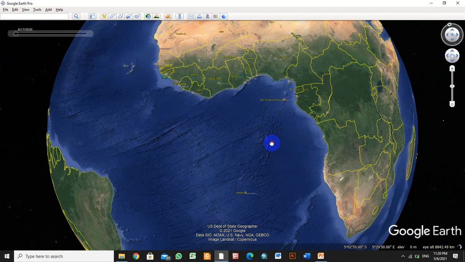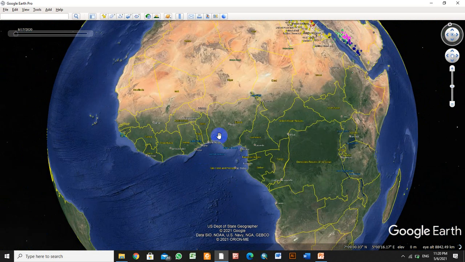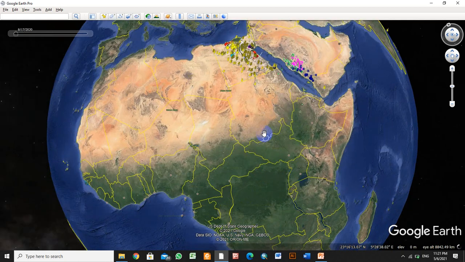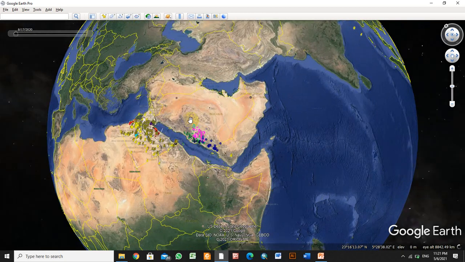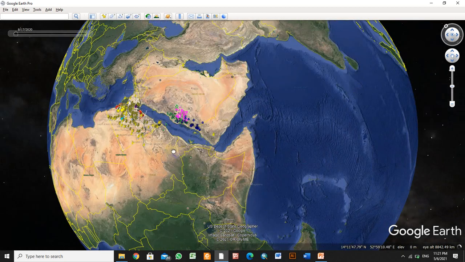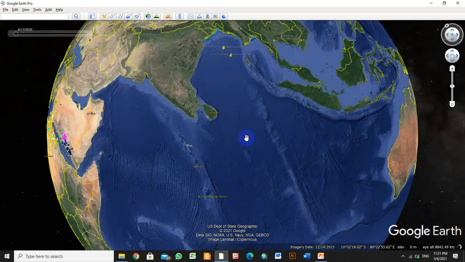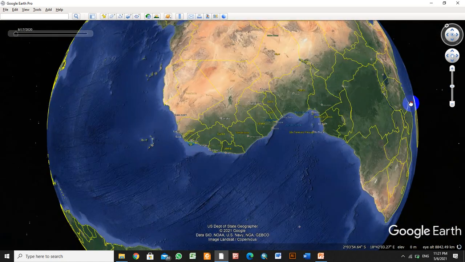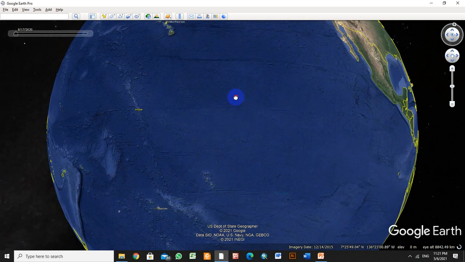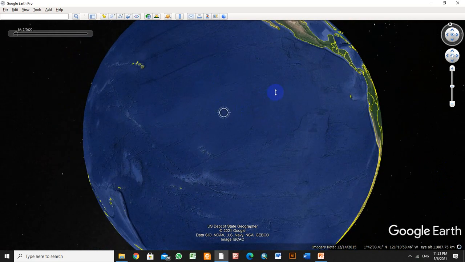Okay, so regarding the definition of plates, a plate may be part of a continent and part of an ocean together. Some plates are only oceanic, for example, in the Pacific Ocean, we can see some parts of the Pacific Ocean are plates.